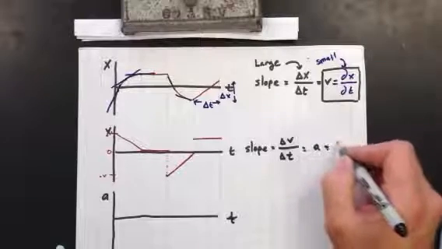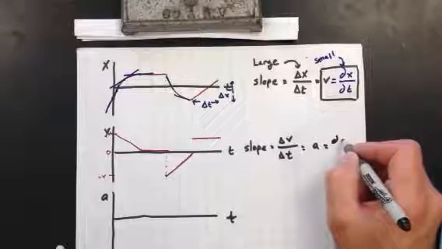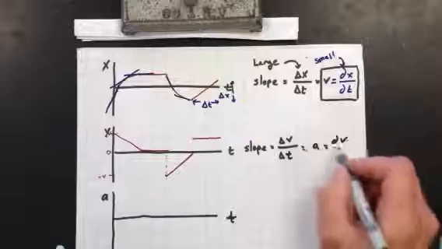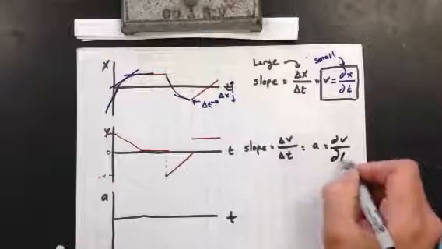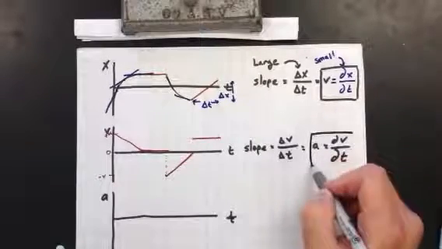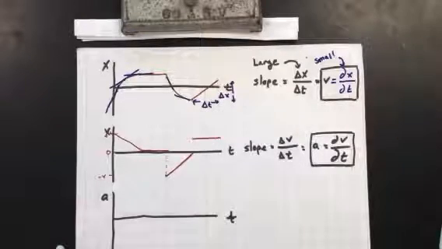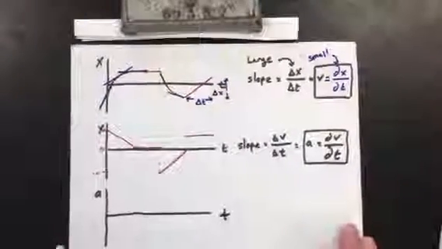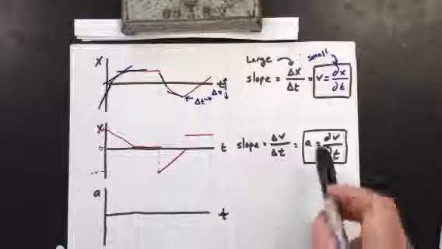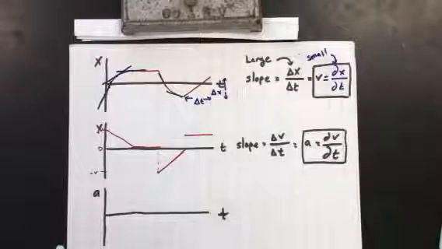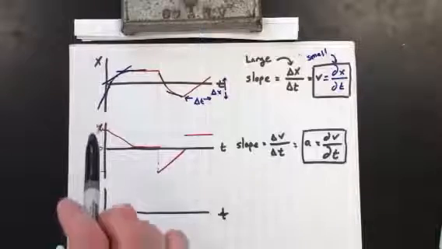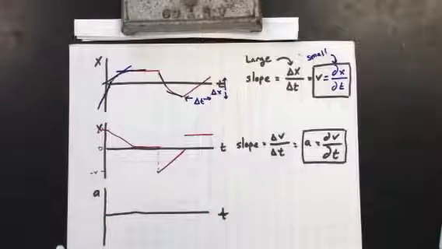So that acceleration dv dt is going to be another differential equation, basically saying that the derivative of velocity with respect to time is acceleration. Again, basically says that the slope of a velocity time graph gives us acceleration.